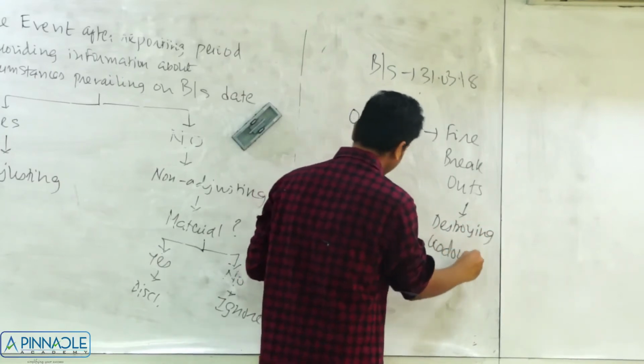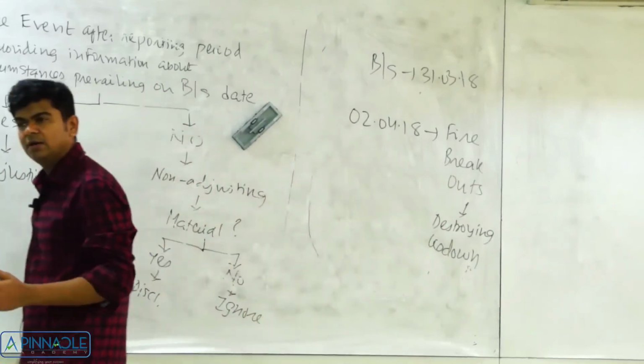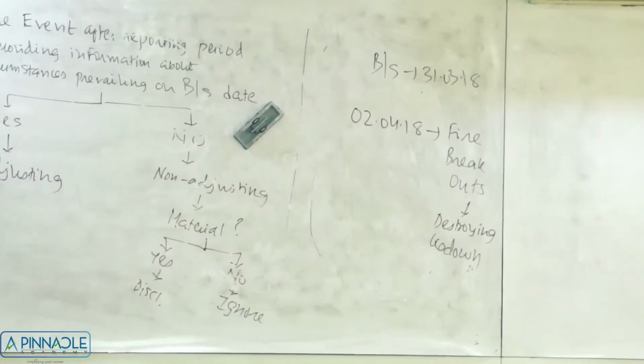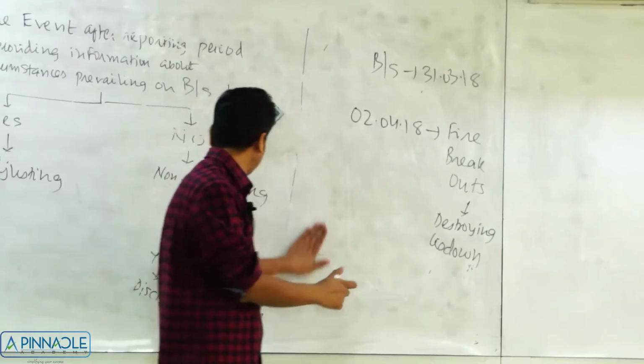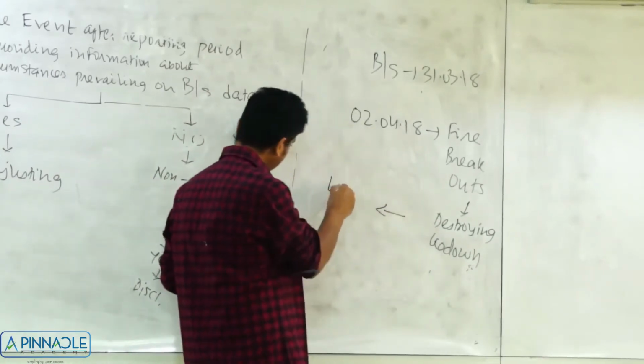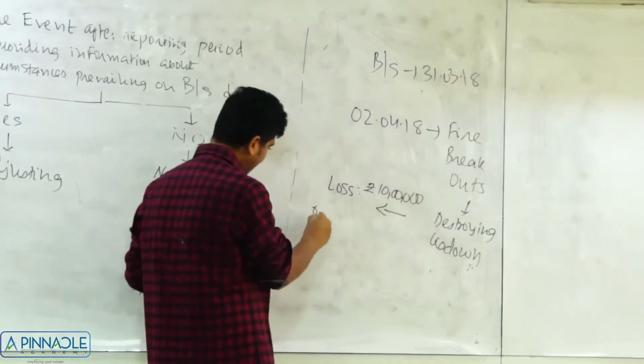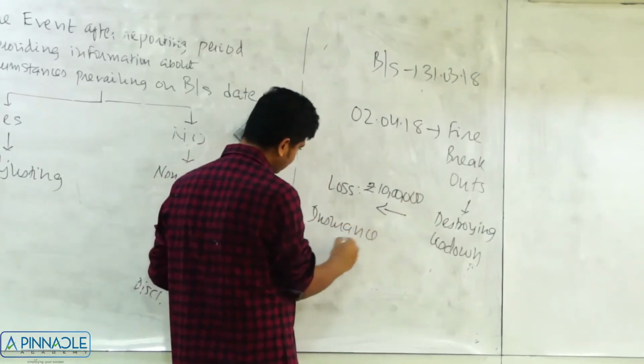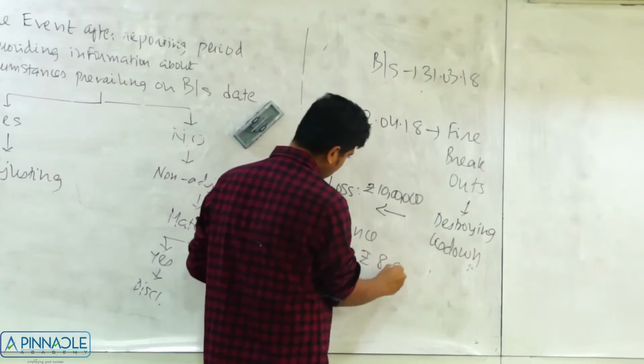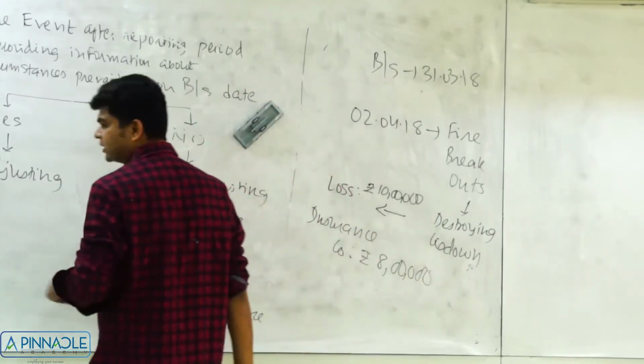So our godown has been destroyed on account of this fire. Of course, you are well insured, so insurance has definitely been obtained. The loss is turning out to be, let us say, 10 lakhs of rupees, and your agent is suggesting that the insurance company may step in, but only to the extent of 8 lakhs.